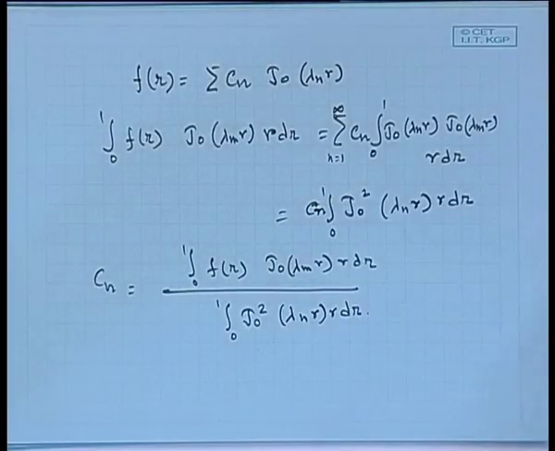Nowadays nobody uses the table because the solution becomes available numerically. You just add that subroutine in your solution scheme and get the values numerically. Okay. So, Bessel functions will appear whenever you will be working in the cylindrical polar coordinate.